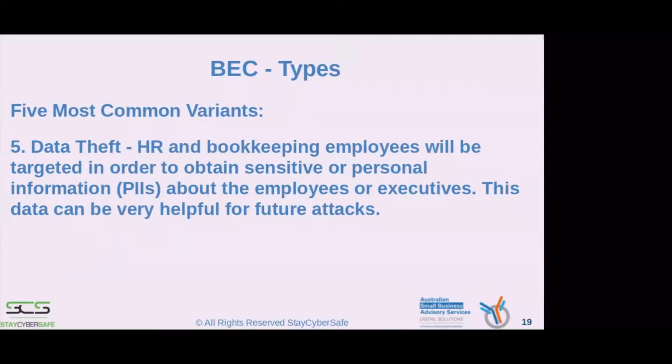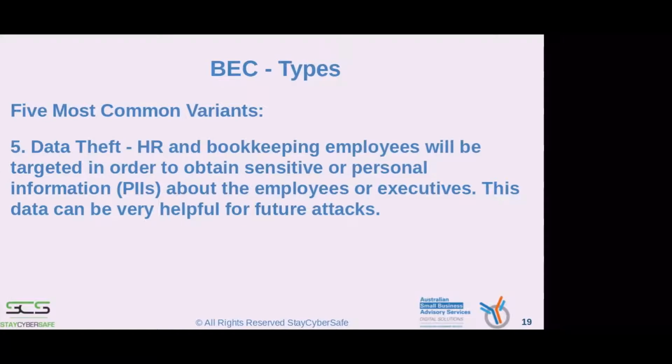And the last one usually is data theft. Data theft is also a very common type of business email compromise where HR and bookkeeping employees will be targeted. They are targeted in order to obtain sensitive or personal information, which we often call PII, about the employees or executives.